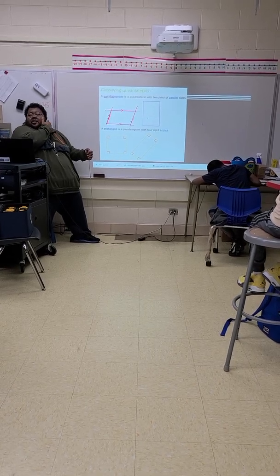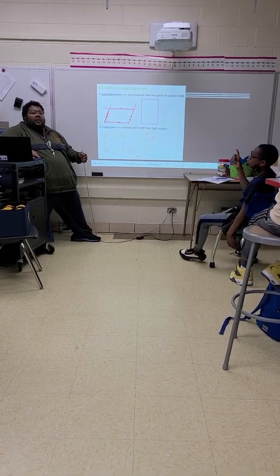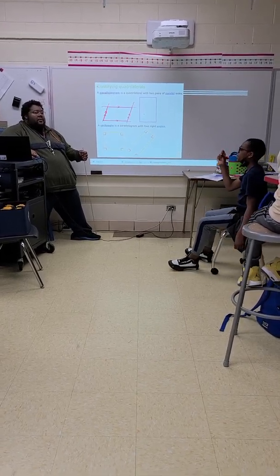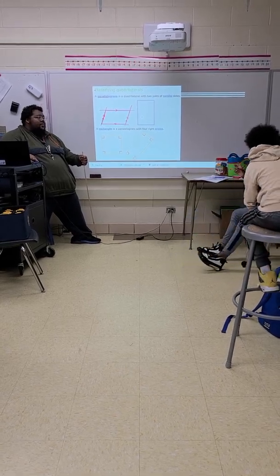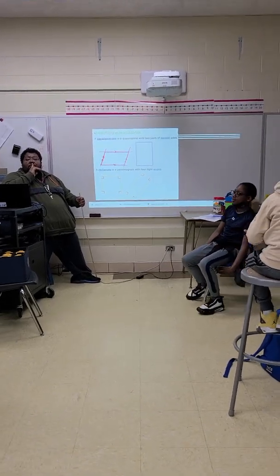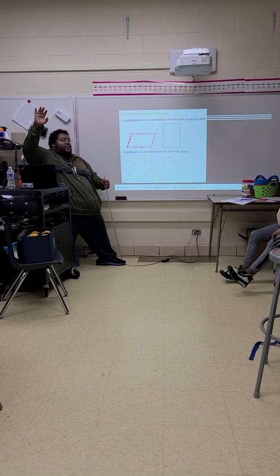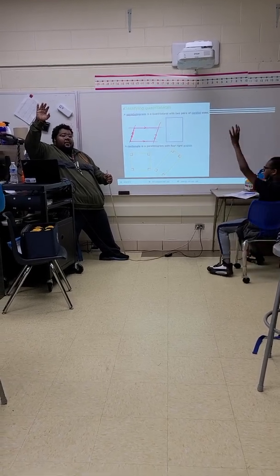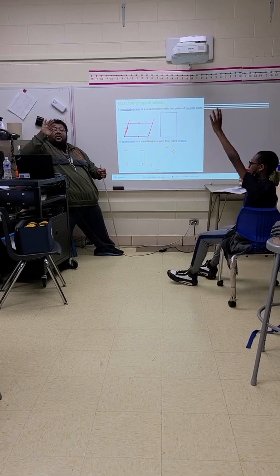So I have a question for you guys. Is a rectangle a square? No. Yes. Yes, it is. It's in the family of squares, but it just has different width. Raise your hand. Is a rectangle a square?